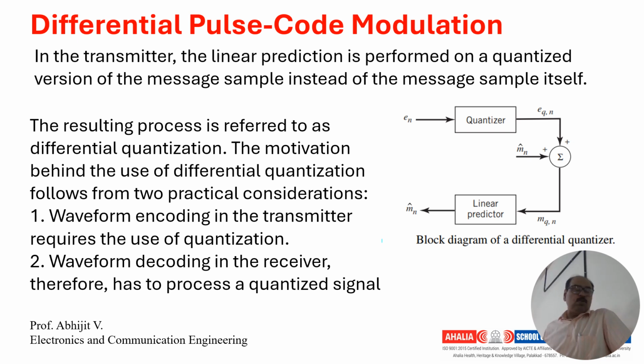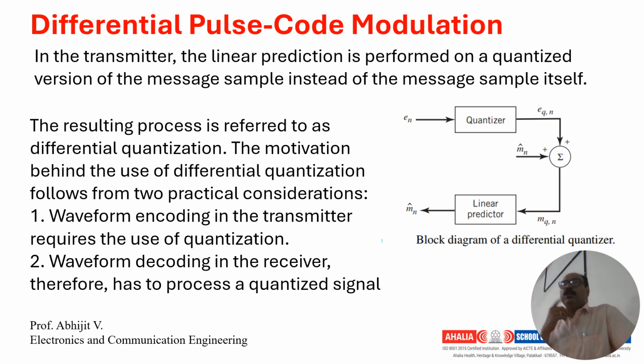The two problems that we will be facing are that waveform encoding in the transmitter requires the use of quantization, and waveform decoding in the receiver has to process the quantized signal. This is a probable question in your exams. What are the two practical considerations?